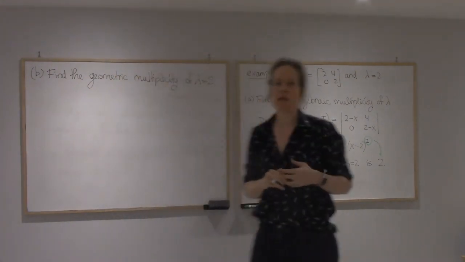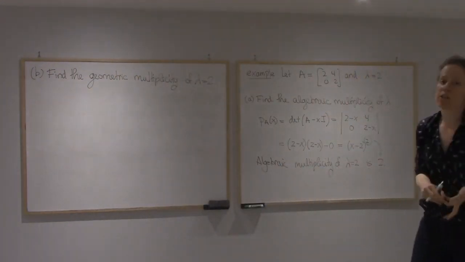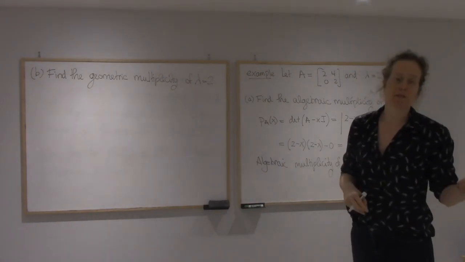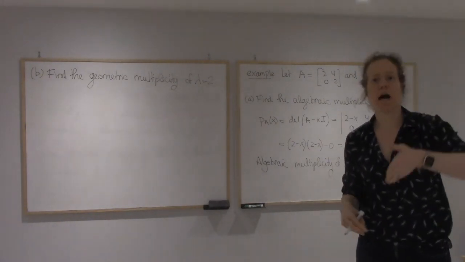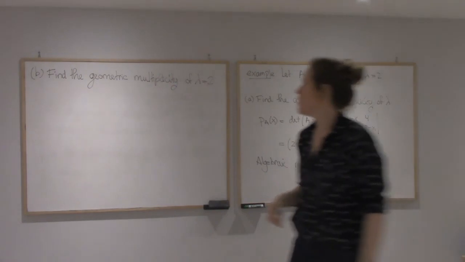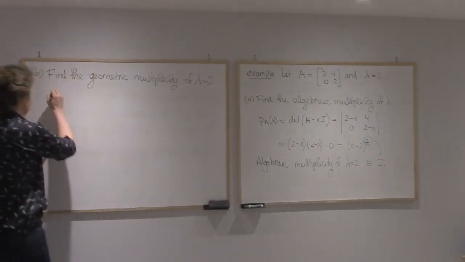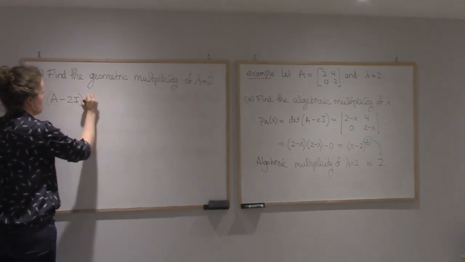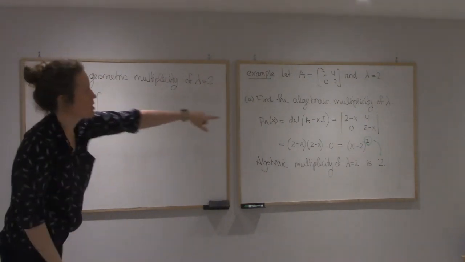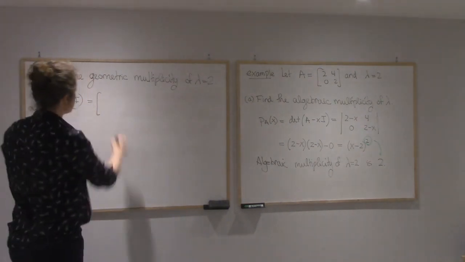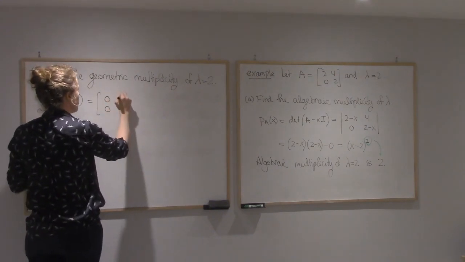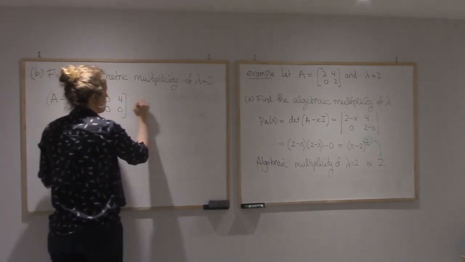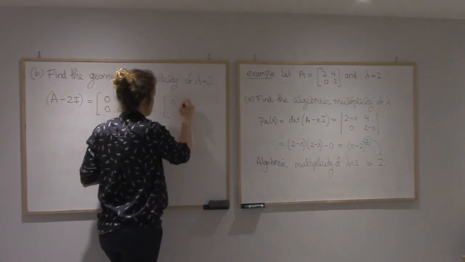So to find the dimension of the eigenspace, I must find a basis for it. We've done it a few times. The eigenspace is the null space, so I need to reduce A minus 2I. That matrix, I'm just going to plug in 2 into that determinant here, will be [[0, 4], [0, 0]]. That's reduced.